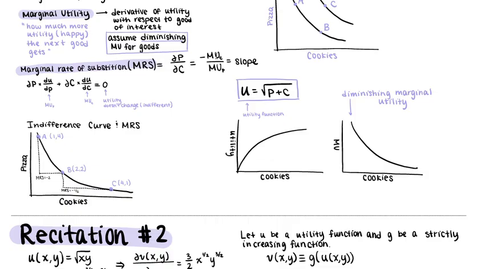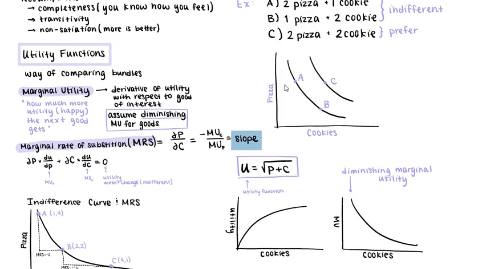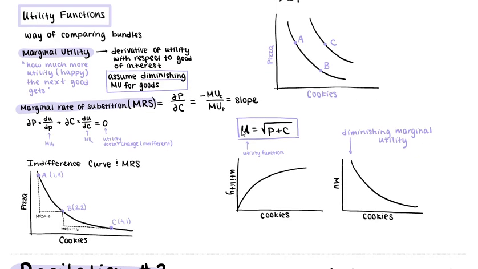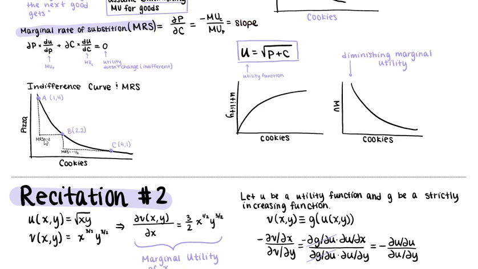This number represents how much pizza you are willing to sacrifice. Let's assume the slope is -2. That means you are willing to give up 2 pizzas to get one more cookie.